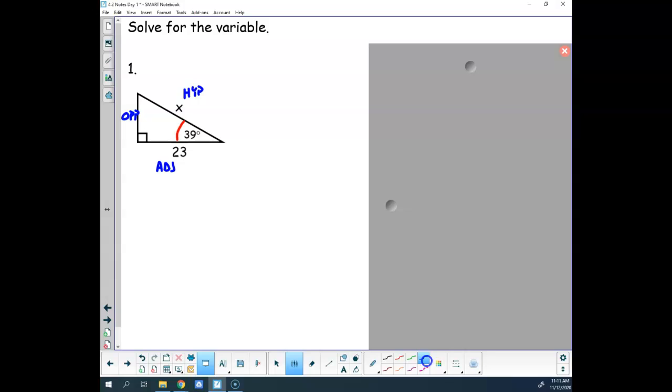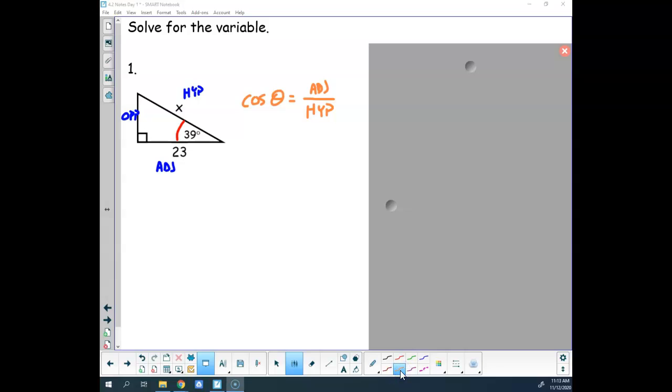So in this particular case, I have the adjacent side and the hypotenuse. AH, that is CAH. So I'm going to say that the cosine of theta is, oops, I almost put opposite there, adjacent over the hypotenuse.